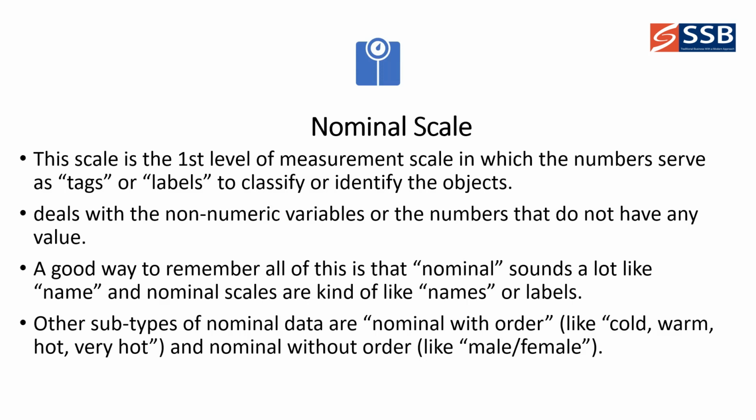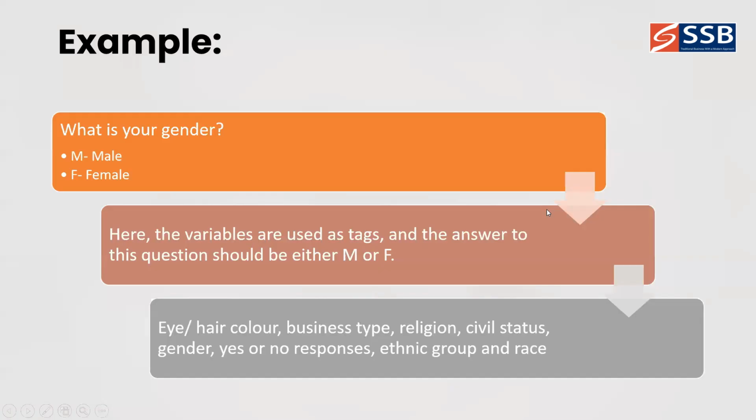Cold means cold, warm means a little warm, then hot, then very hot. The order is there. I cannot make it warm, cold, hot, very hot, or hot, cold, warm. So there's an order for this, and this becomes your nominal scale with order.